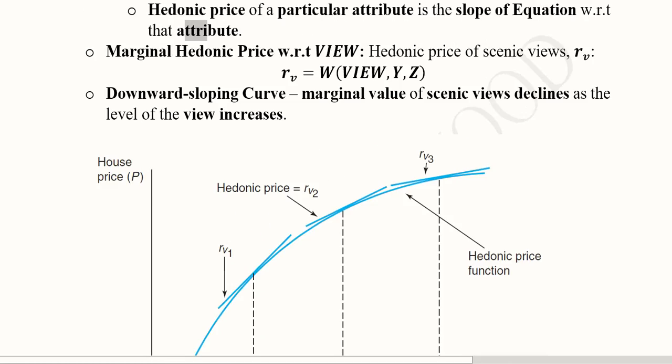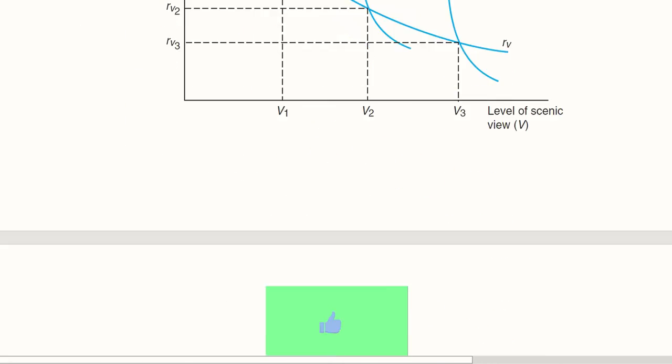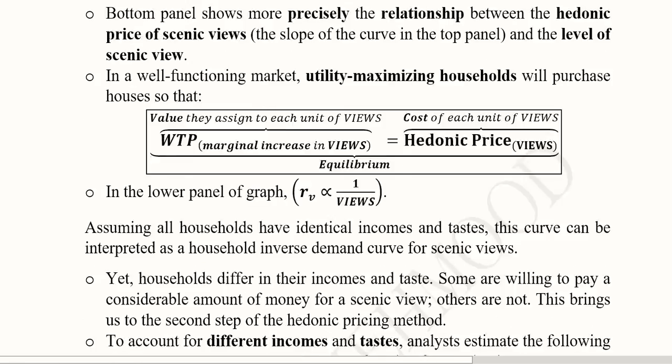As you can see, we have plotted this graph, as we have focused on the rent differential or the hedonic price with respect to view, so we are writing that, and view is becoming one of the independent variables, and y and z are there. Y is showing the income and z is showing the various socioeconomic factors.